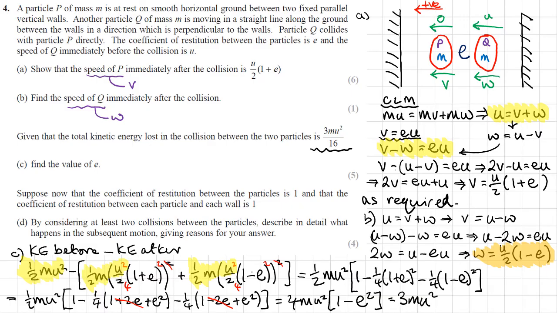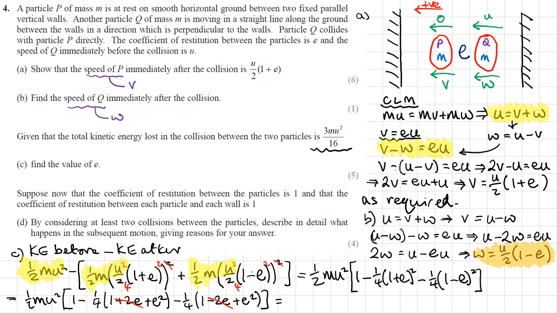I'll divide both sides by mu squared. So that just leaves me with 4 times (1 minus e squared) is equal to 3.